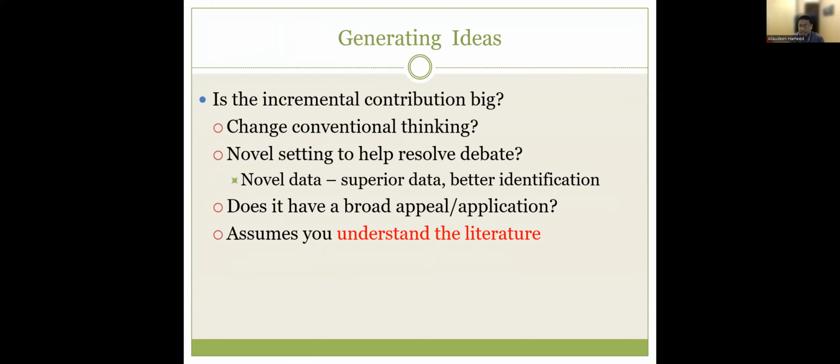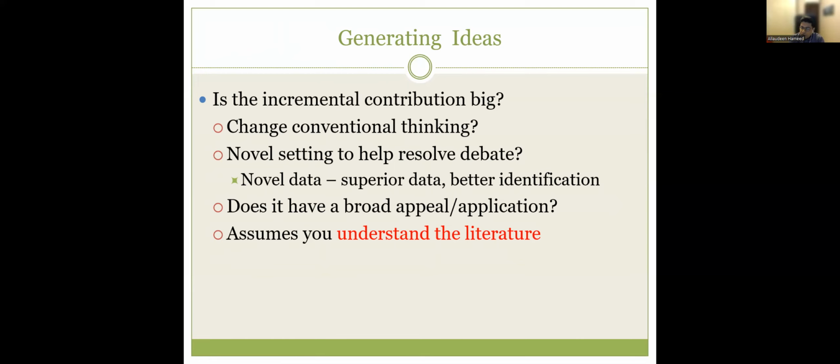And what is a big idea, right? Typically, the big idea is one that contributes a lot to our understanding of the topic. How can it contribute? It can change conventional thinking, right? You could be dealing with a setting that may help to resolve a debate.